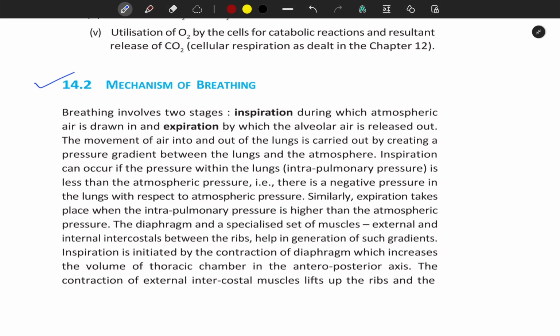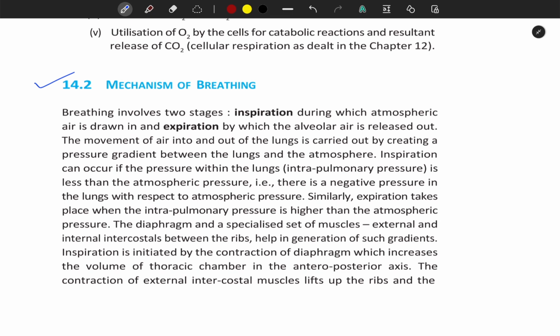The diaphragm and a specialized set of muscles, external and internal intercostals between the ribs, help in generation of such gradients. Inspiration is initiated by the contraction of the diaphragm, which increases the volume of the thoracic chamber in the antero-posterior axis.